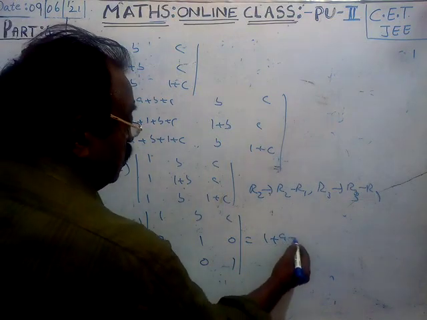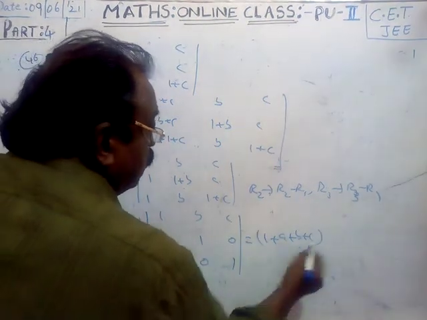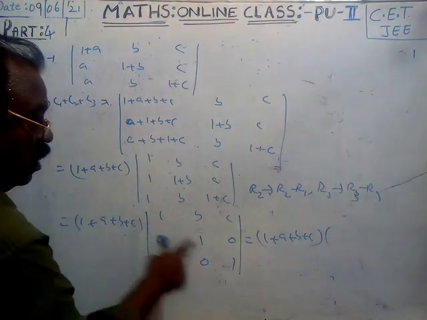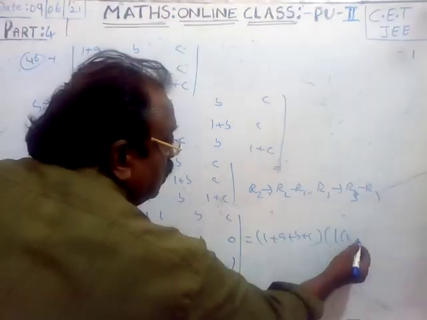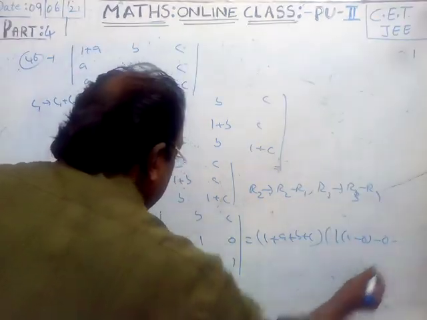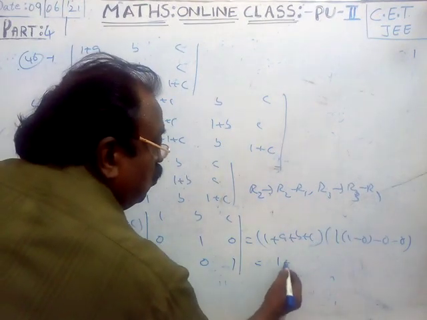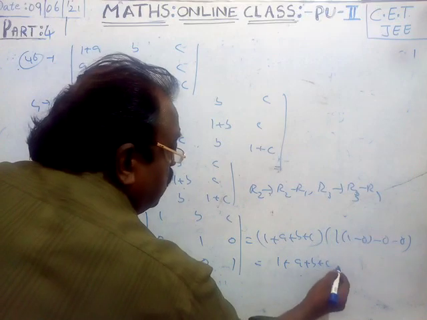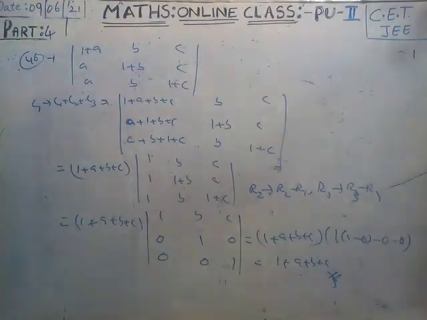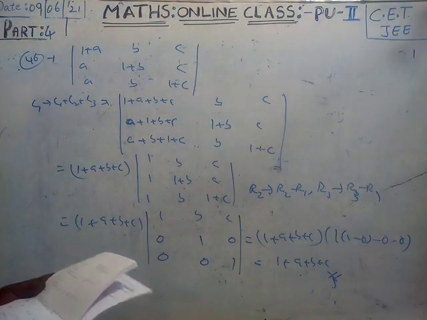So it is 1 plus a plus b plus c into 1 of 1 minus 0, minus 0 will come. So 1 plus a plus b plus c is the correct answer. Okay, now, like that.